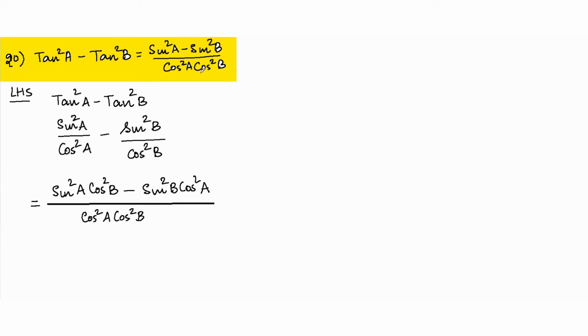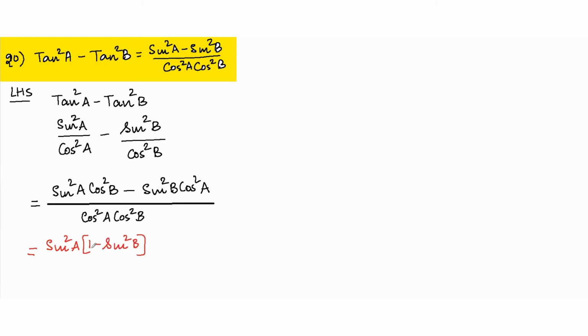Now I am happy with the denominator because that is what I need. I need cos square A cos square B in the denominator. However, I am still not happy with my numerator because it doesn't match. In the RHS, I notice that there is no cos square term. So what I am going to do is convert all the cos square terms into 1 minus sine square term.